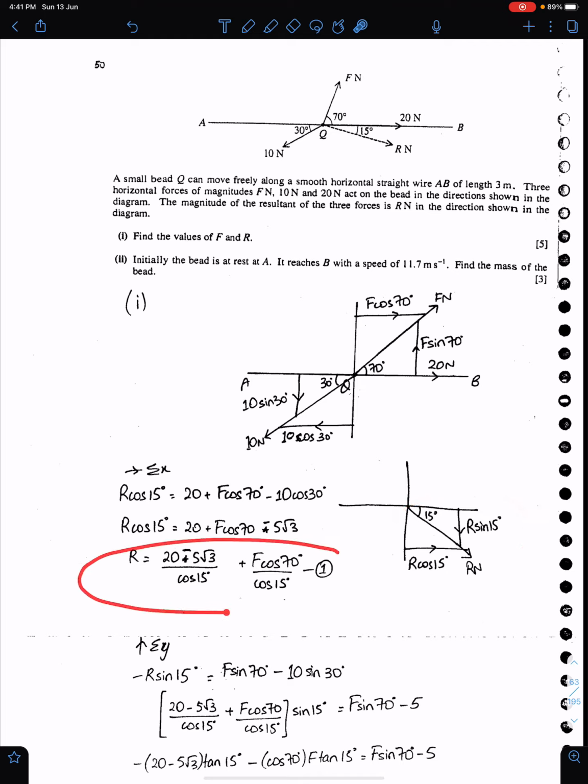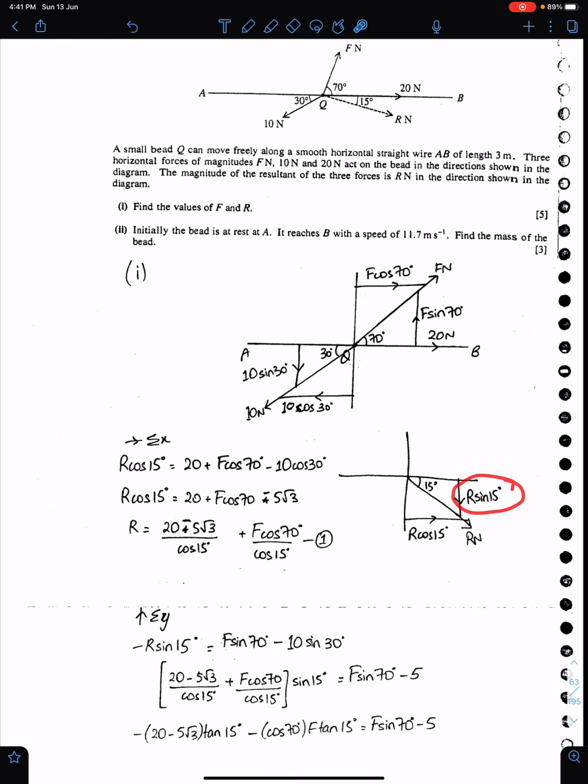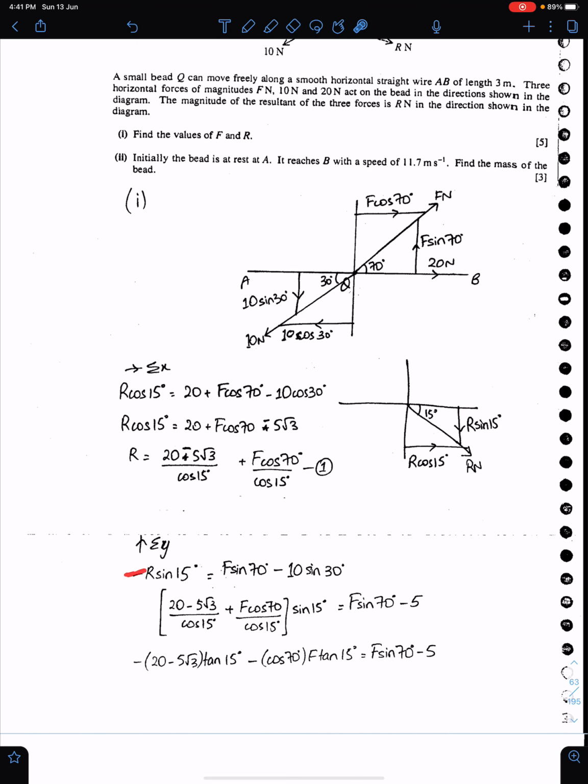So this is the equation for R in terms of F. Now equate sigma y. So F sin 70 minus 10 sin 30 is equal to minus R sin 15. Make sure you write minus here. So R is here.